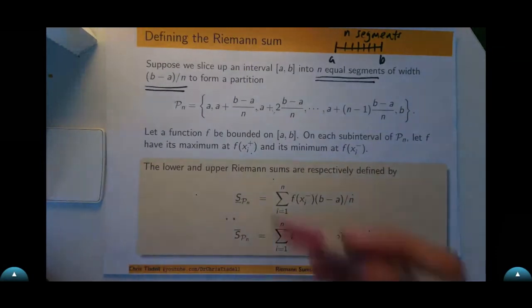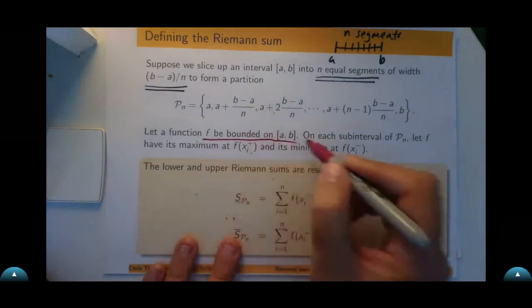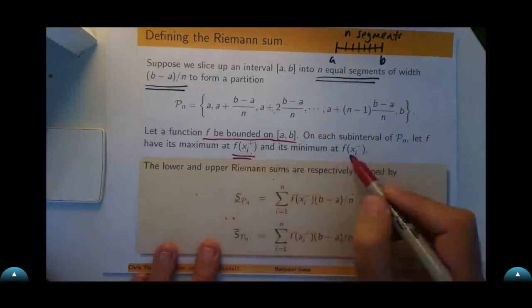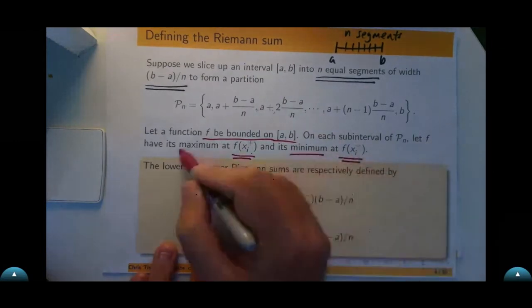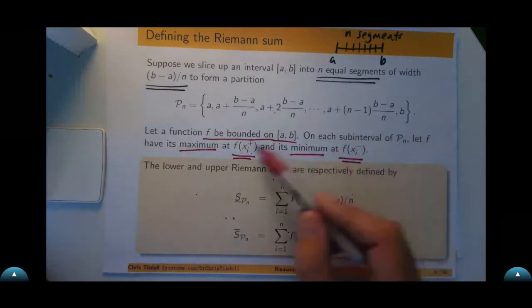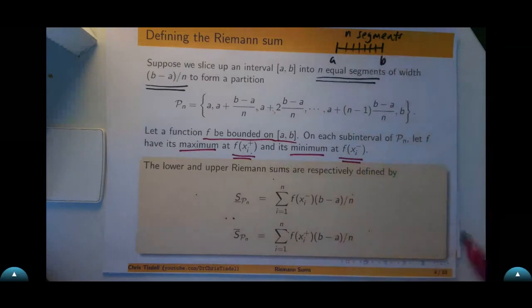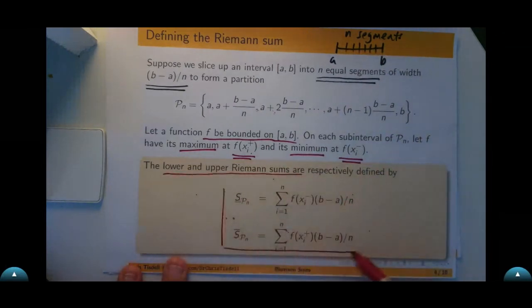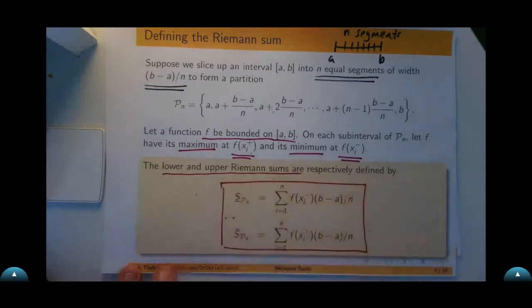And suppose we've got a nice friendly function. If we can determine the maximum and the minimum of your given function on each of these little intervals, then the lower and upper Riemann sums are given by these things here.